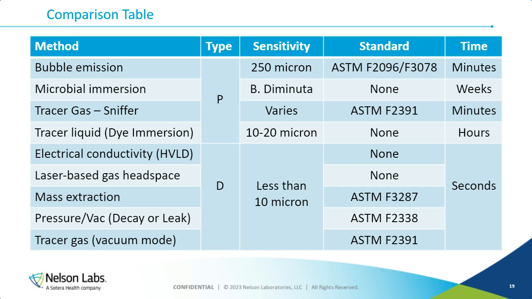And that's going to vary on a few things that we'll talk about in the next slide. The sensitivity varies a lot for the probabilistic methods, and that's because they're all so different. But the sensitivity, you'll notice, is always higher than you'll see with the deterministic methods.